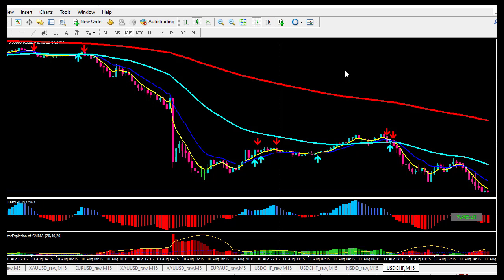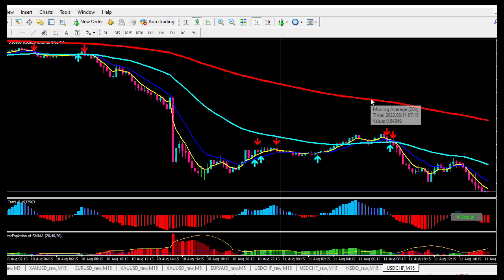The indicators on this chart do not repaint, so follow me closely and make sure you watch the video to the end, because in the course of this video I'm going to show you the setting for each indicator, since I'm not using the default setting. Alright, let's dive in.